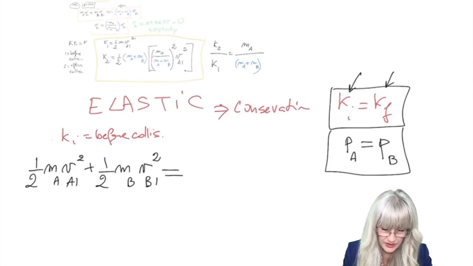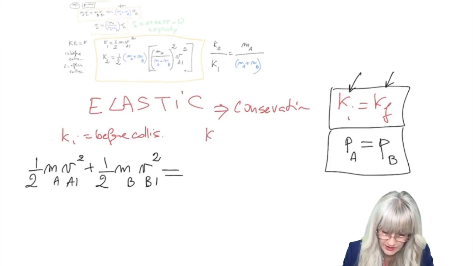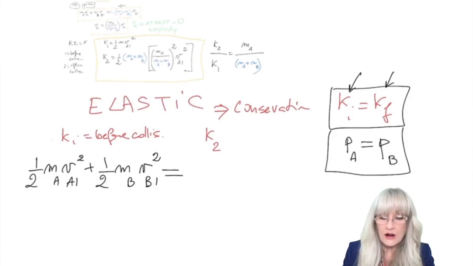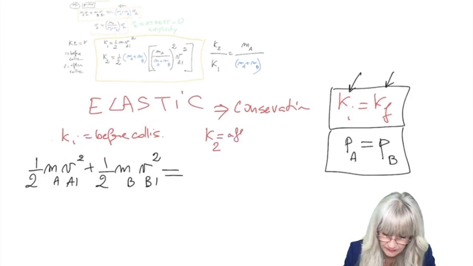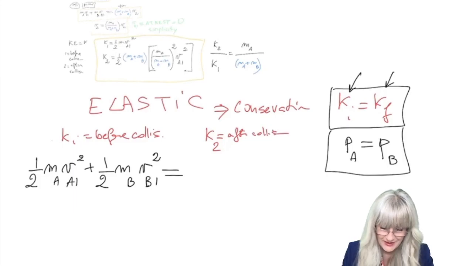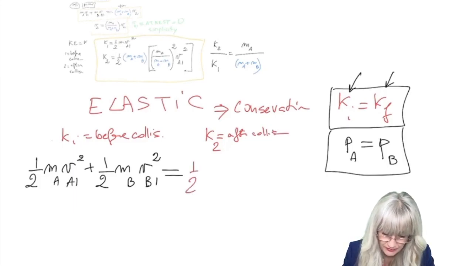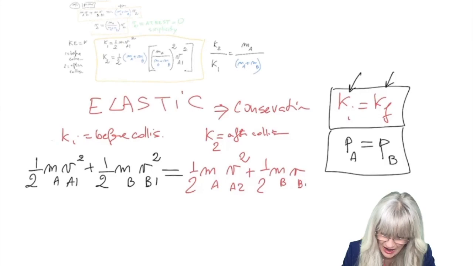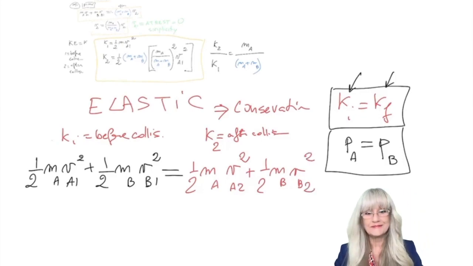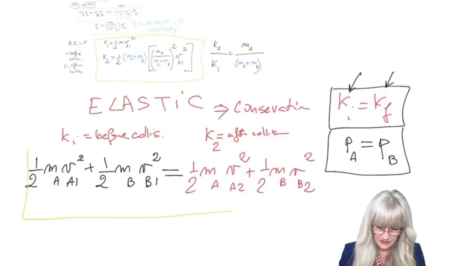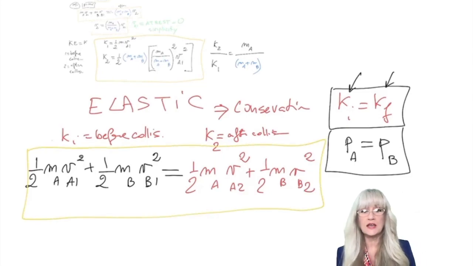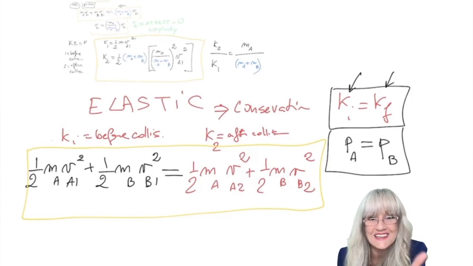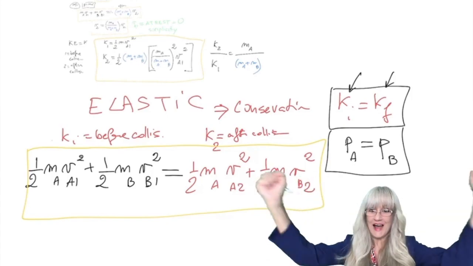And this has to be equal to the final kinetic energy 2, after collision. So this is going to be 1/2 mA vA after the collision plus 1/2 mass of body B, velocity of body B after the collision squared. Frame it. This is the condition on kinetic energy for elastic collision. Boom, out.